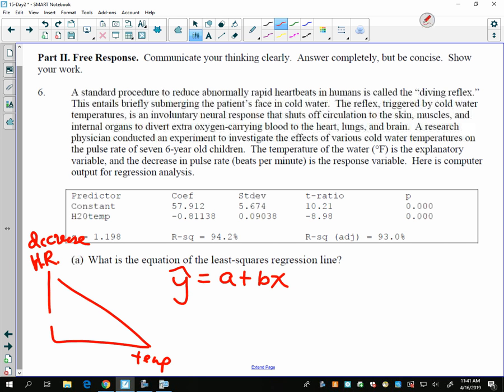No, temperature is the explanatory variable. Temperature. So this is predicted decrease in pulse rate. And again, if you don't like to do it this way, you can define your variables off to the side.